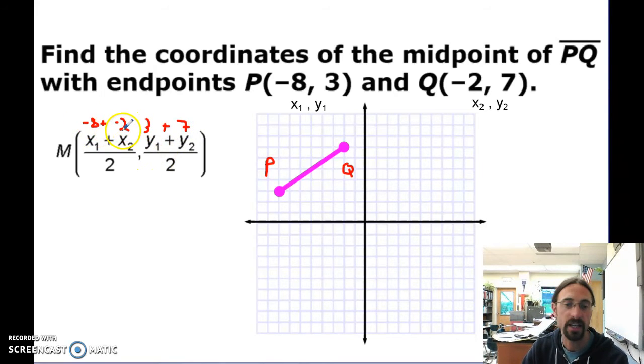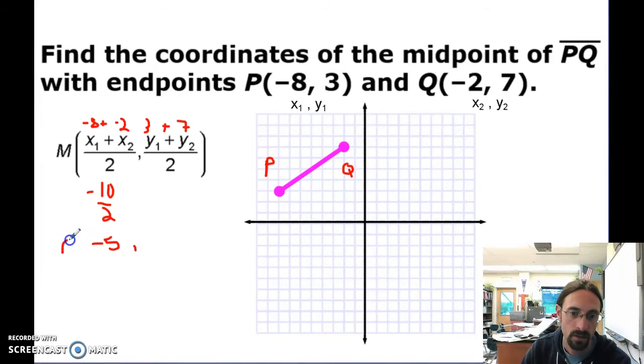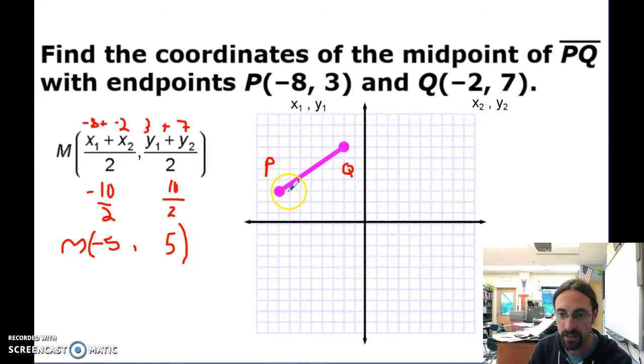Negative 8 plus a negative 2 is negative 10 over 2, which is, of course, negative 5, and comma. 3 plus 7 is 10, positive 10 divided by 2, and that is 5. So the coordinate of the midpoint is (-5, 5), which would be right smack dab in the middle here. That's M.